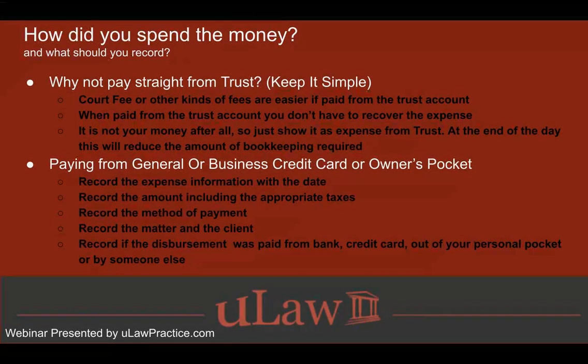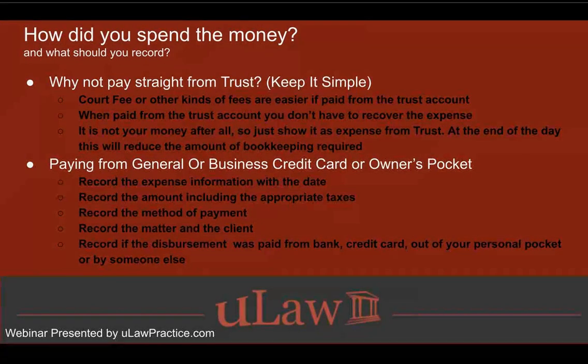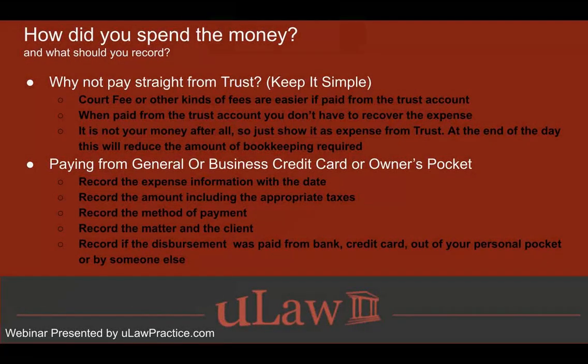Because when you pay from trust, the advantage is that you don't have to report the expense. Now, when it comes to disbursement, we talk about two things: charging the client, which is definitely important, that's the whole point of a disbursement, and recording it. Then there's something called reporting an expense.